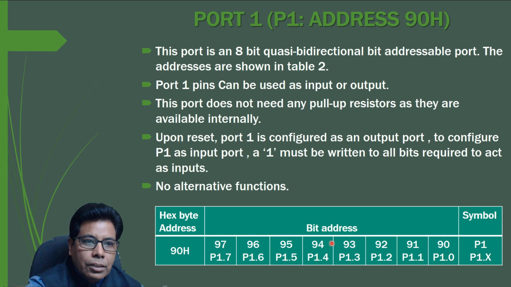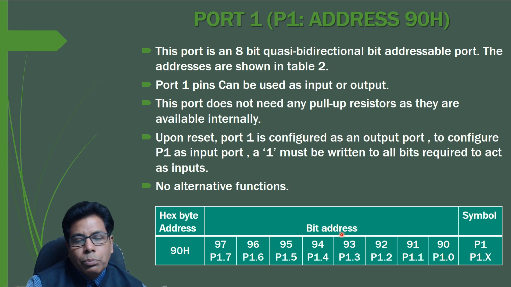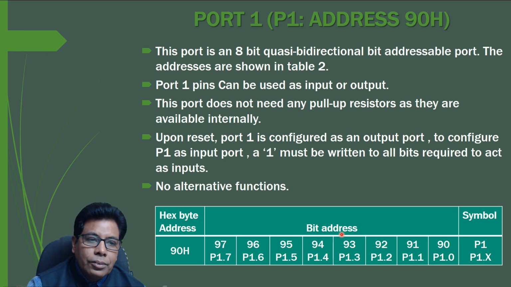Here port 1 pins can be used as input or output. Port 1 does not need any pull-up resistors as they are available internally. In port 0 the pull-up had to be put externally. Here they are available internally.